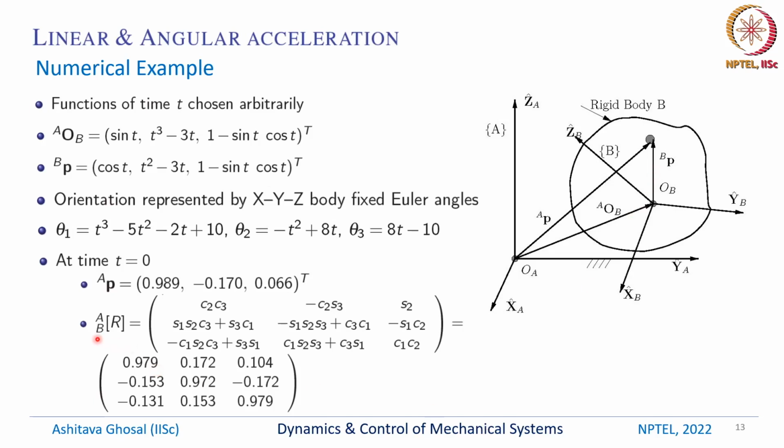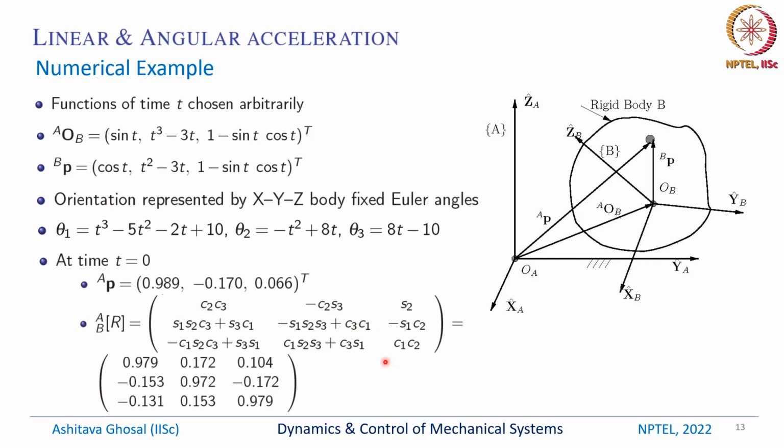So I can find the rotation matrix for x, y, z body fixed Euler angles. The formula is given here. We have discussed this earlier. So for example, R11 is cos theta 2 cos theta 3, R33 is cos theta 1 cos theta 2, and so on. C2 is cos theta 2, S3 is sin theta 3, and so on.